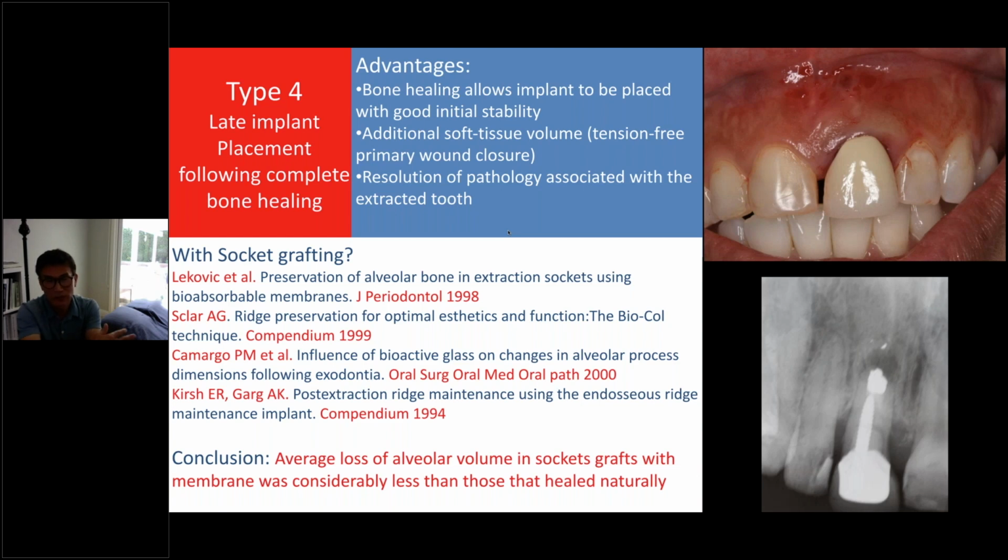Extract, wait for soft tissue healing, and then add bone with GBR, and after that you can place the implant with a surgical guide or whatever you want to call it. So the conclusion is that the average bone loss of the alveolar bone with a membrane is considerably less. So the membrane is always considered part of guided bone regeneration.